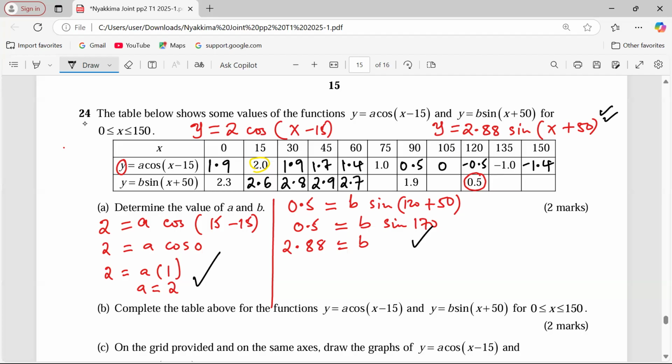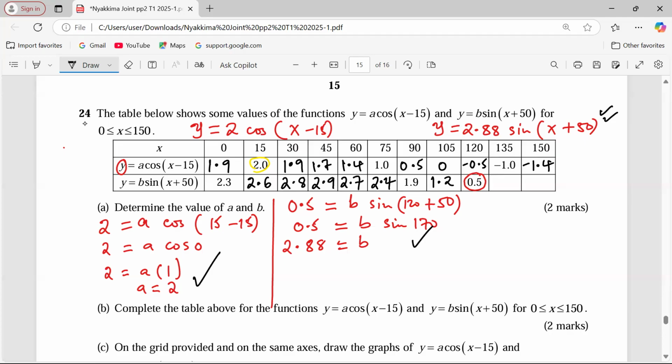Then we go to 75, whereby I'll start with 2.88 sine 75 plus 50. I'm getting 2.4. Then at 90, it's already given. We go to 105. So 2.88 sine 105 plus 50. I'm getting 1.2.